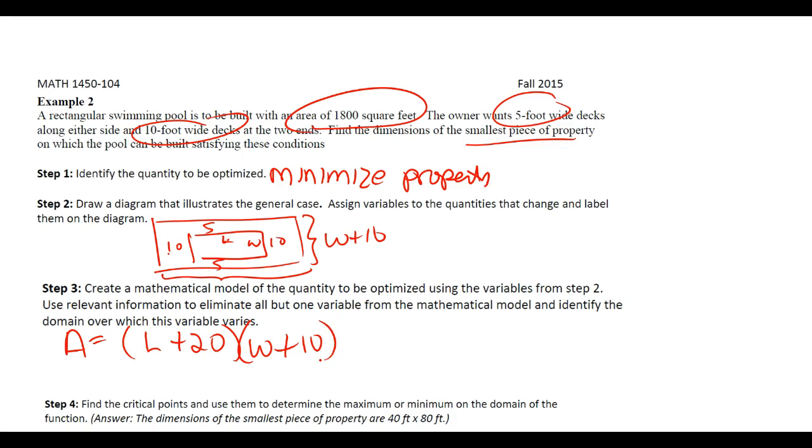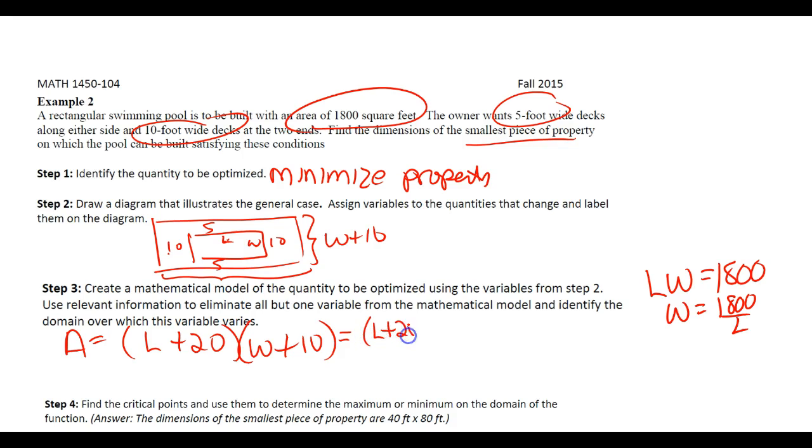Now they gave us some relevant information so that we could eliminate all but one of the variables. Their relevant information is that L times W of the pool has to equal 1800. Therefore, I'm going to solve for W. It's going to be 1800 over L. And I can plug that back in. All right, so if I plug it back in, I get to something that looks like this.